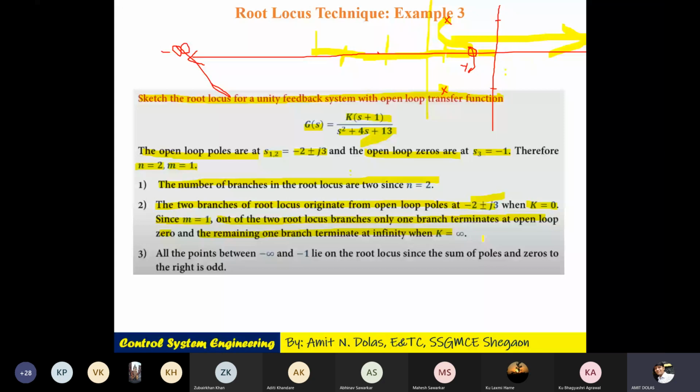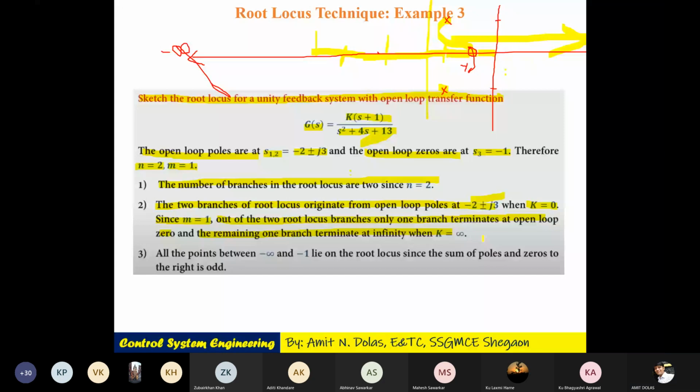Similarly, we took the characteristic equation equal to 0 and got K equal to minus (s square plus 4s plus 13) divided by (s plus 1). That has a minus sign, of course. I will not show the derivation step by step here. After differentiation, we get s cube plus 6s square plus 9s plus 1 equal to 0.